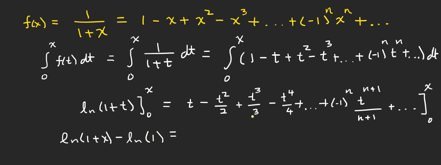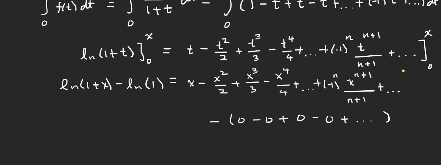What about over here? When you take the integral, you get x minus x squared over 2 plus x cubed over 3, and so forth, minus, you have to plug in 0 instead of t. When you do that, you get a bunch of zeros.